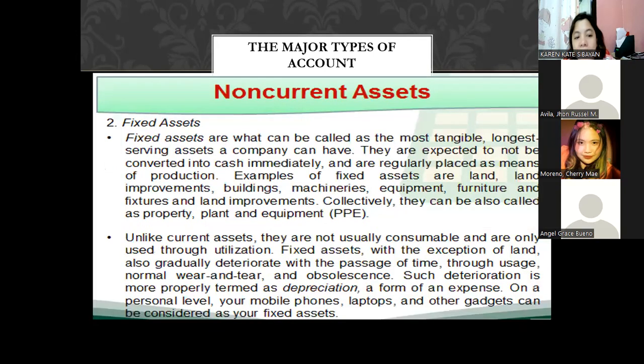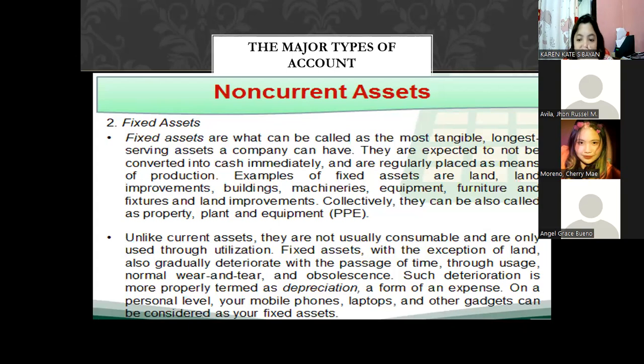Okay? Next is the fixed assets. So pag sinabing fixed assets, usually kung ano yung, for example, internet, no? Kung ano yung bill mo ng internet ng January, ganun din yung bill mo ng February. Kumbaga naka-fix siya. Anyway, so fixed assets are what can be called the most tangible, longest-serving assets a company can have. They are expected to not be converted into cash immediately and are regularly placed as means of production.